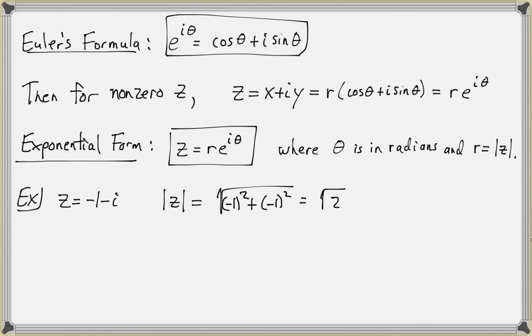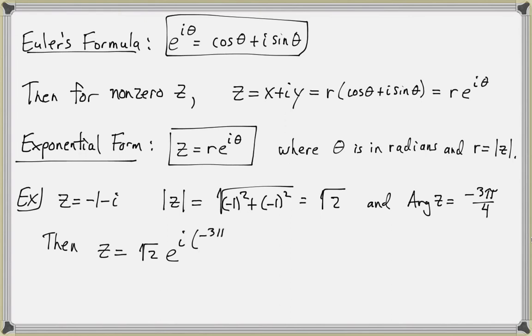So this is going to be r in the exponential form. And we already showed that the principal value of the argument of z is -3π/4 in a previous example. So therefore I can represent z in exponential form as square root of 2 e to the i times -3π/4.